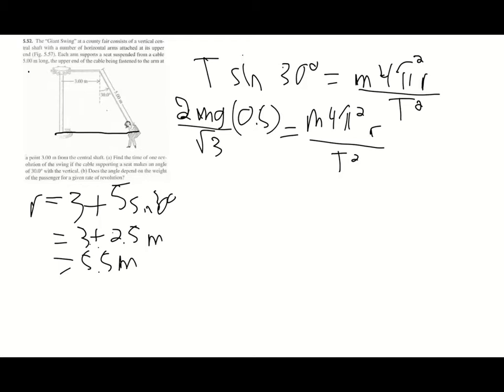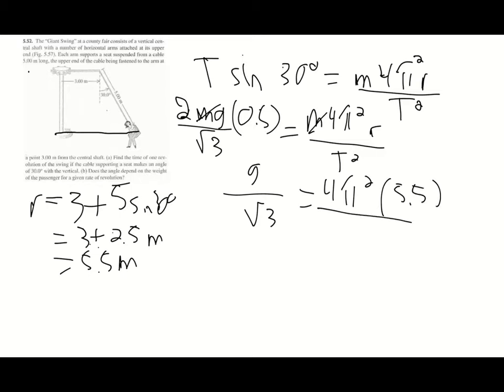So we actually kind of know that already. And before I put that back in, I'm going to divide out these m's because I don't need them. Hey, nice. And the 2 and the 0.5 are going to go away. So I'm going to have g over root 3 equals 4 pi squared times 5.5 over T squared. Okay.